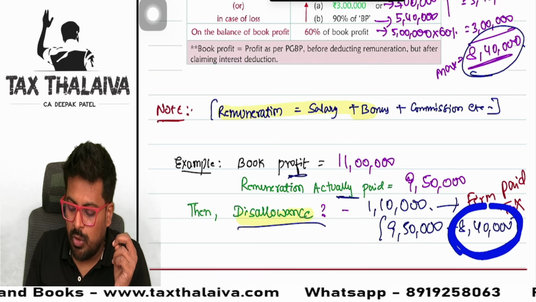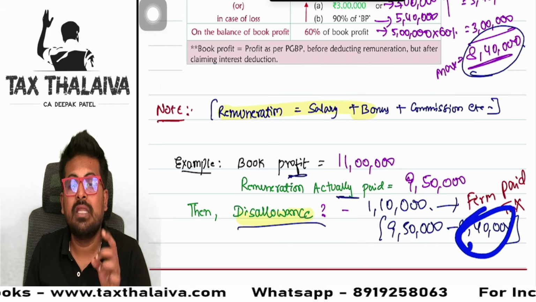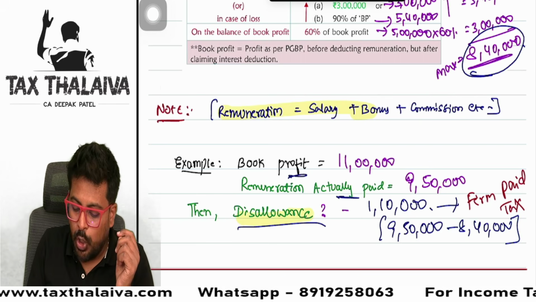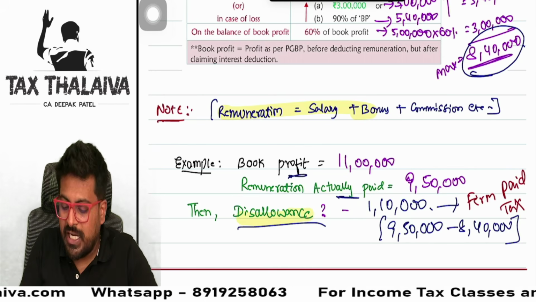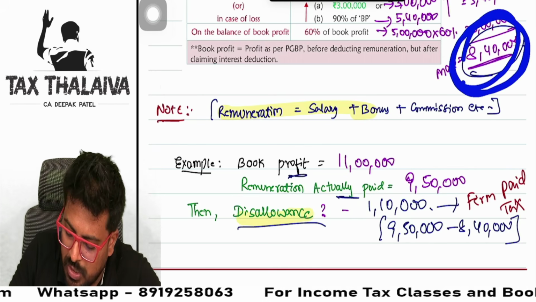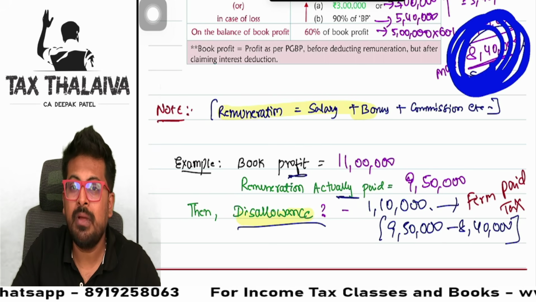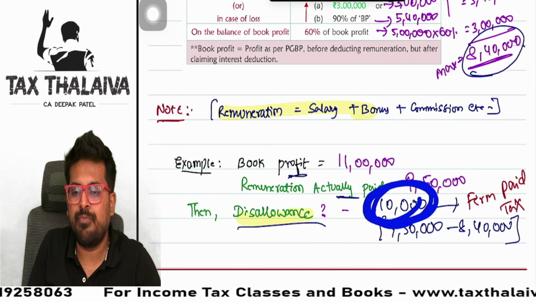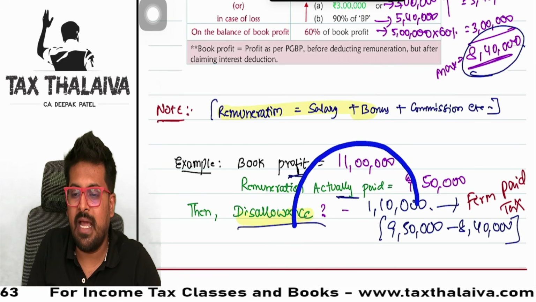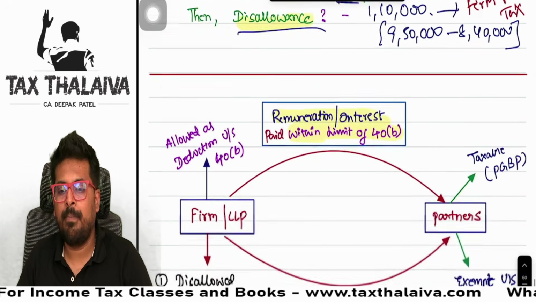So on this 8,40,000 the partner will pay tax, and on this 1,10,000 the firm will pay tax. Means to the extent to which 8,40,000 is allowed in the hands of the partnership firm, the partner will pay tax. And to the extent to which it is disallowed in the hands of the partnership firm, the firm will pay tax, and it will be exempt in the hands of the partner.